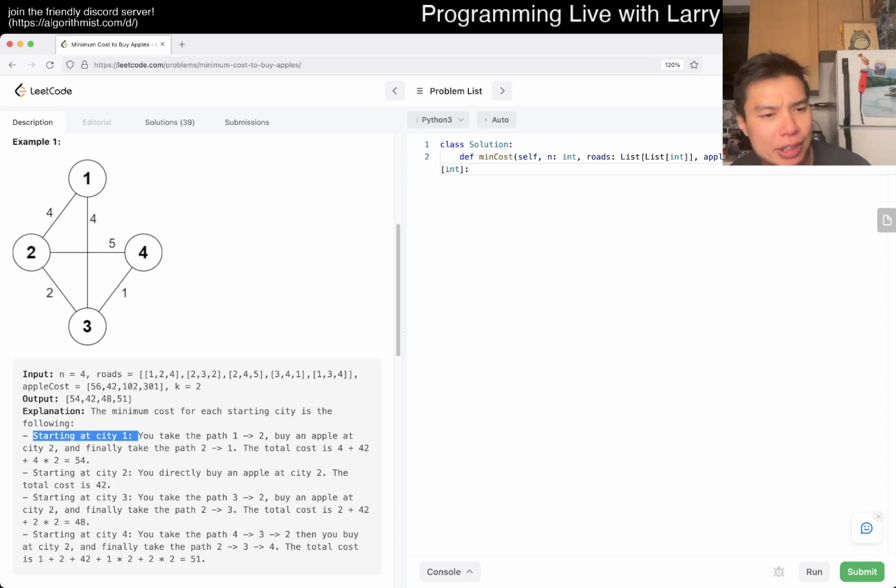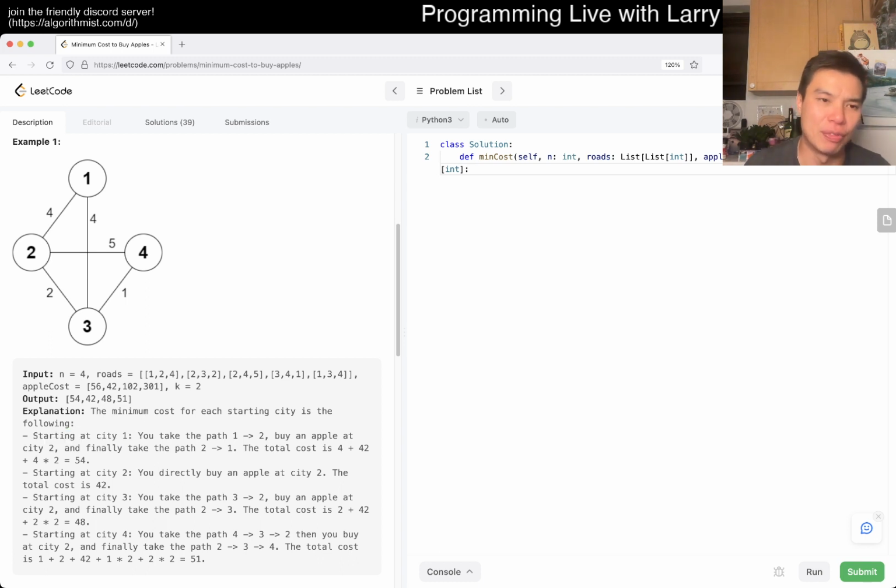In theory, we'll go to 3 first, and then eventually go to 4. Basically, 4 can either go to 2 or go to 3, because those are cheaper, and take that path.